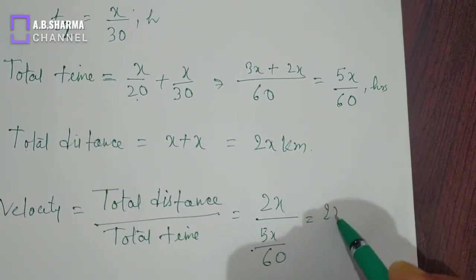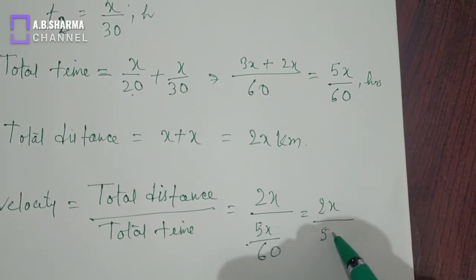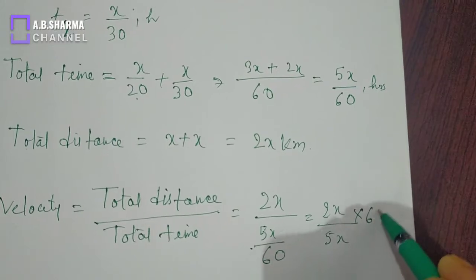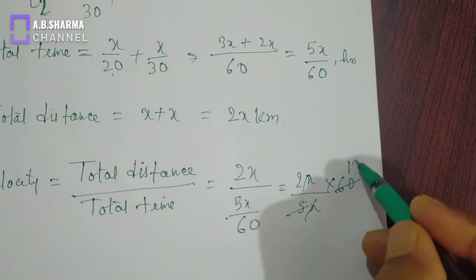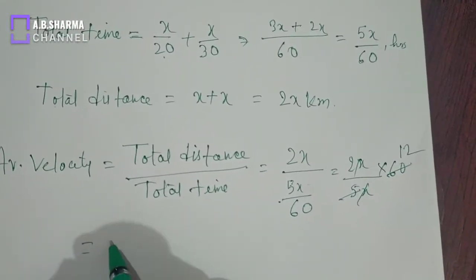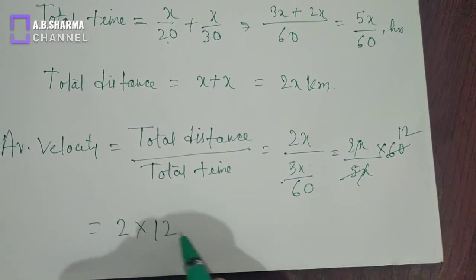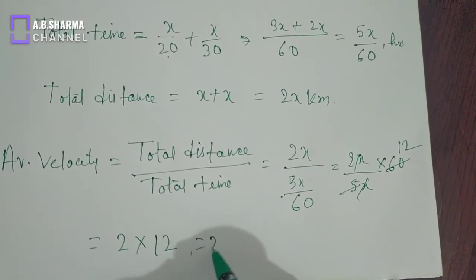After solving, this becomes 2x by 5x into 60, x cancels out, 60 by 5 is 12, so 2 into 12, that is 24.